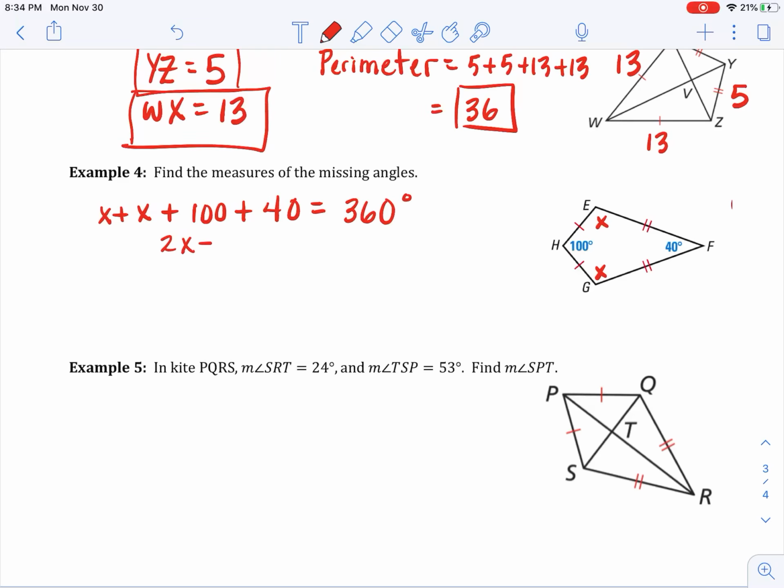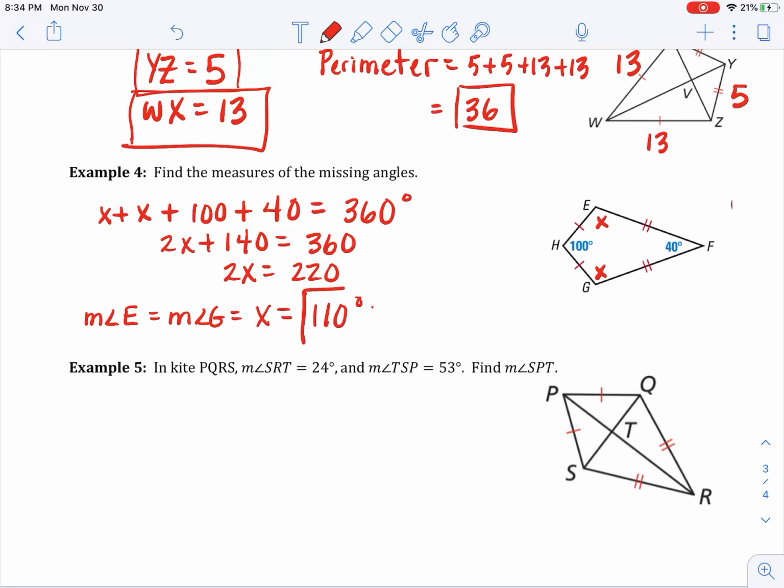So that gives me 2x plus 140 equals 360. If we subtract the 140 from both sides, we're going to get 2x equals 220. And if we divide by 2, we'll get x equals 110. And x is the measure of angle E, which is the same as the measure of angle G, right? They're both equal to x. And so we know they both equal 110 degrees, both of my missing angles.